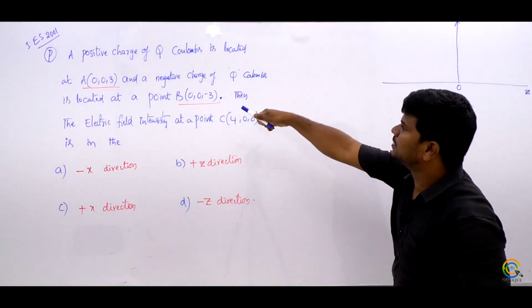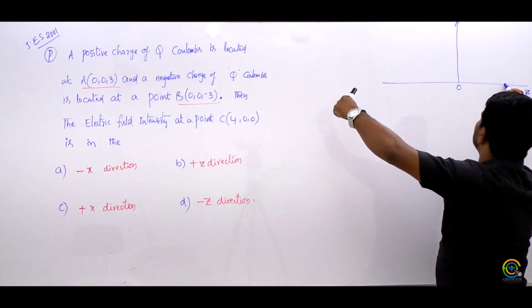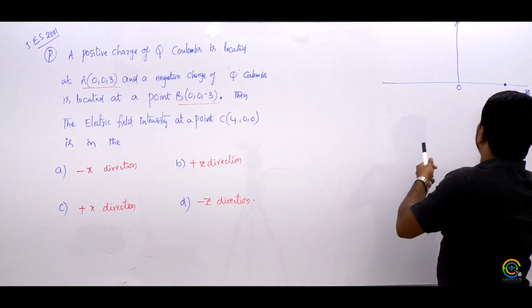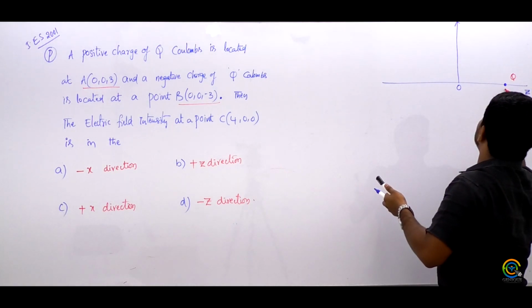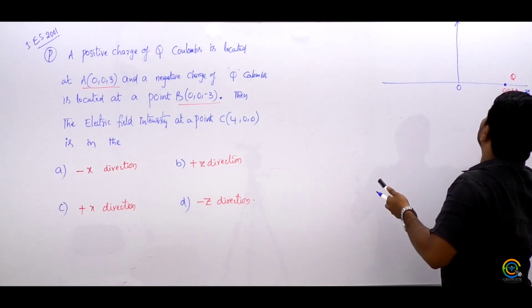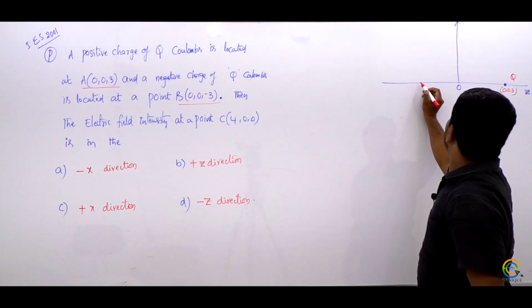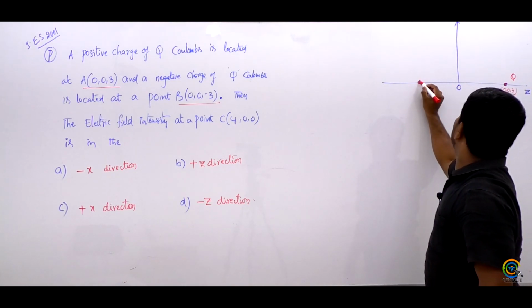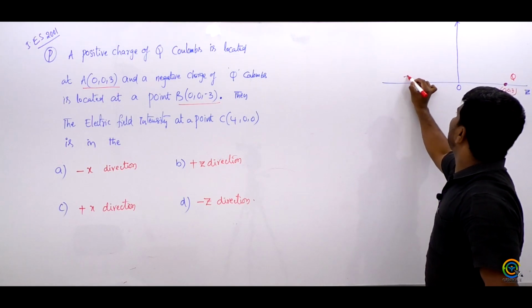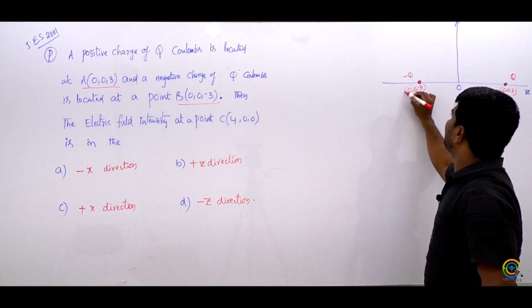The positive charge, plus q, is present here, at (0, 0, 3). Now this is one charge and another one is present here. This is minus q, at (0, 0, -3).